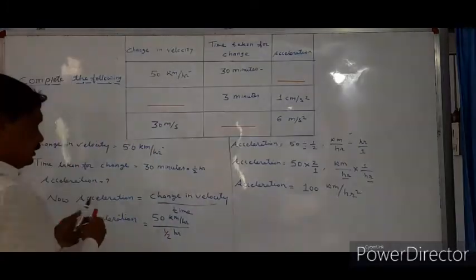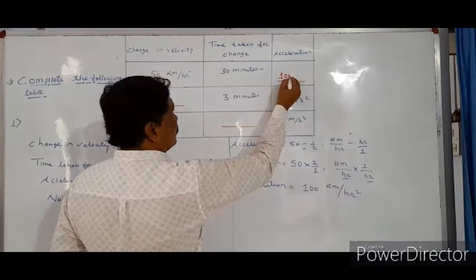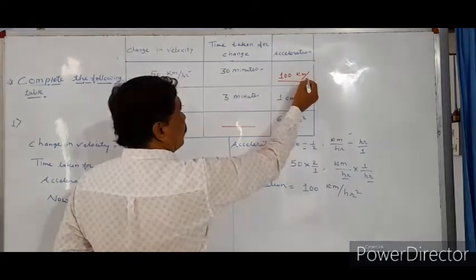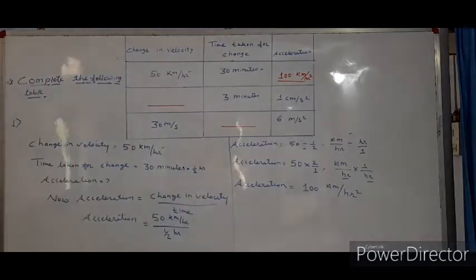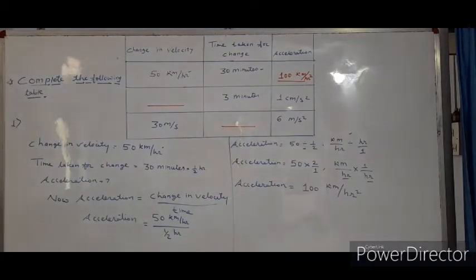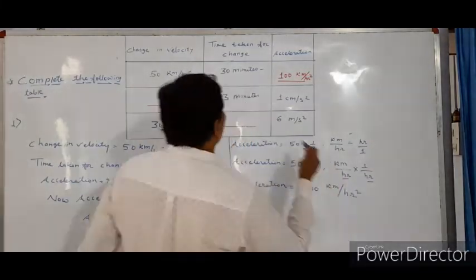So acceleration is equal to 100 kilometer per hour square. Hour into hour is hour square.